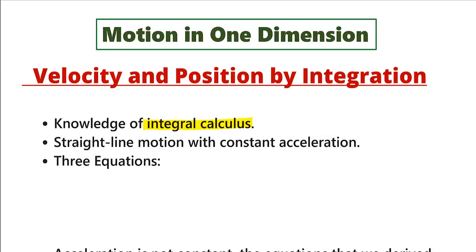Now in the previous videos we have seen how to calculate position and velocity for a case when the acceleration is constant. Basically, if you have a one-dimensional motion and acceleration is constant, you can apply three kinematical equations to calculate distance and velocity at any given point of time or at any given distance. What was that formula?